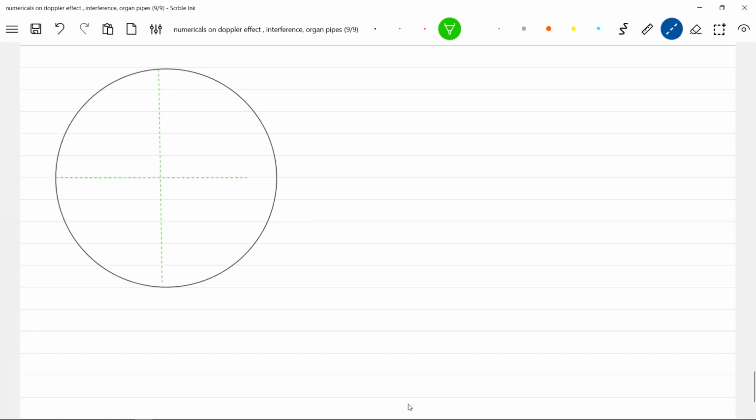Let's discuss a few problems on interference. There are two point sources, separated by a distance, say d. Let r be the radius of the circle.